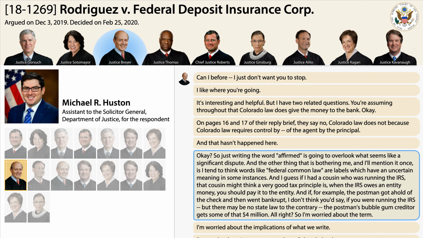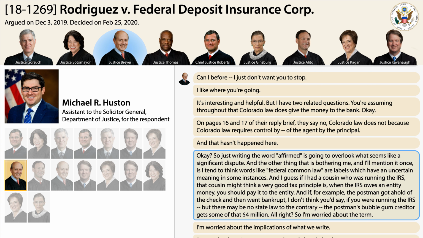And if, for example, the postman got a hold of the check and then went bankrupt, I don't think you'd say, if you were running the IRS, but there may be no state law to the contrary, the postman's bubblegum creditor gets some of that $4 million.